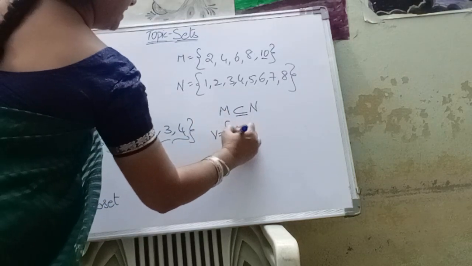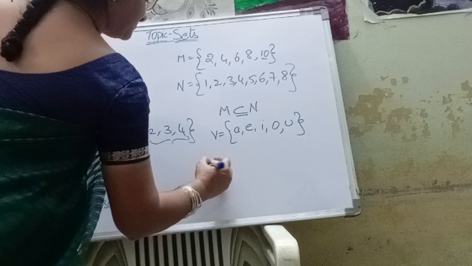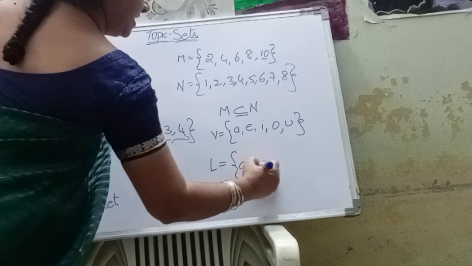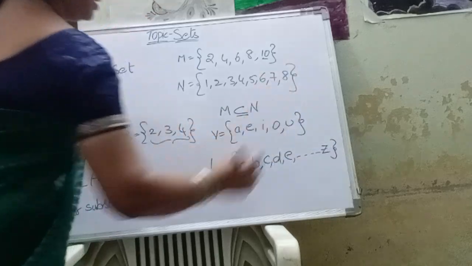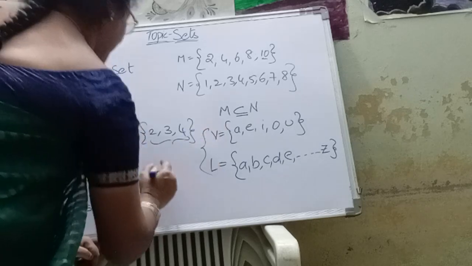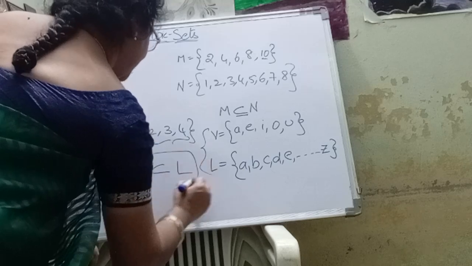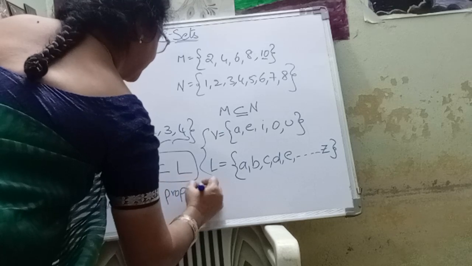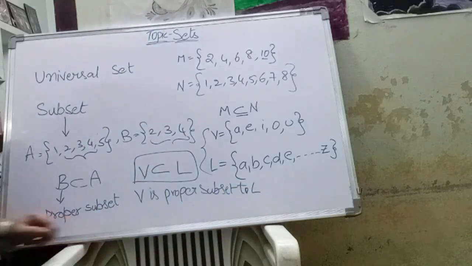V for vowels, we take A, E, I, O, U, and letters L, A, B, C, D, E and so on till Z. Now if you take this L and V, what is the relation between L and V here? V is a proper subset to L. We read this as V is a proper subset to L.